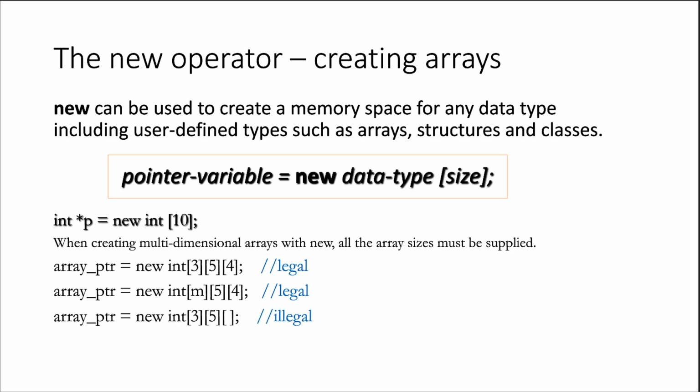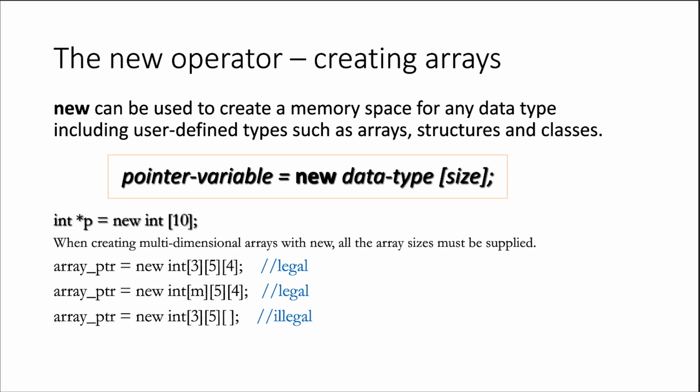Why is this illegal? The last option says new int 3, 5, that is 3 by 5 by unknown. The third dimension is not known. It should be known so that allocation can be done accordingly. Since it is not known, the compiler will not process this.